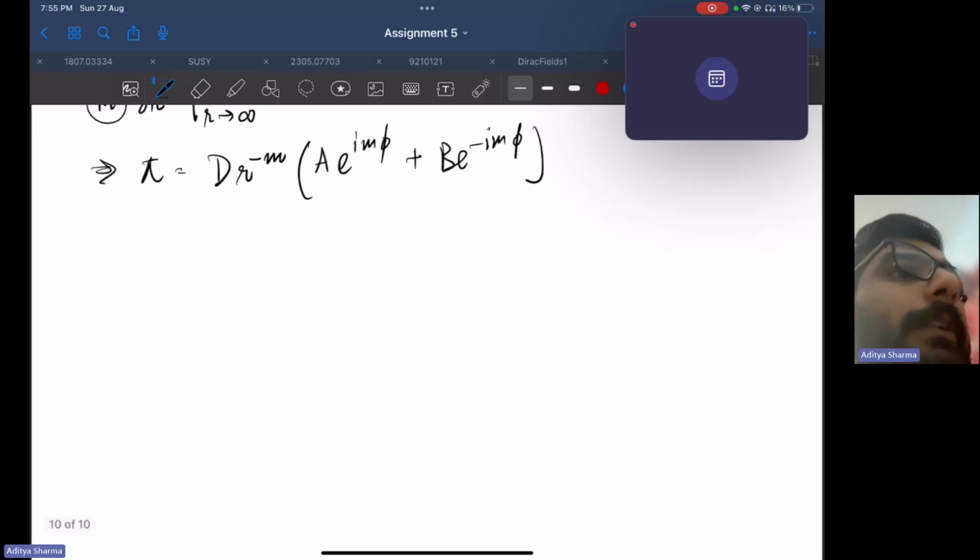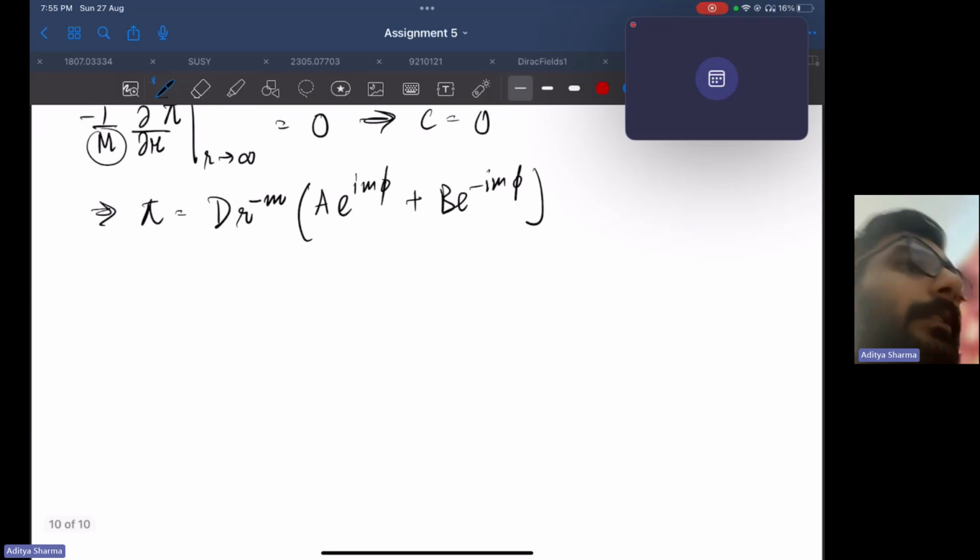Now comes the difficult part, saying that velocity at the surface is 0.